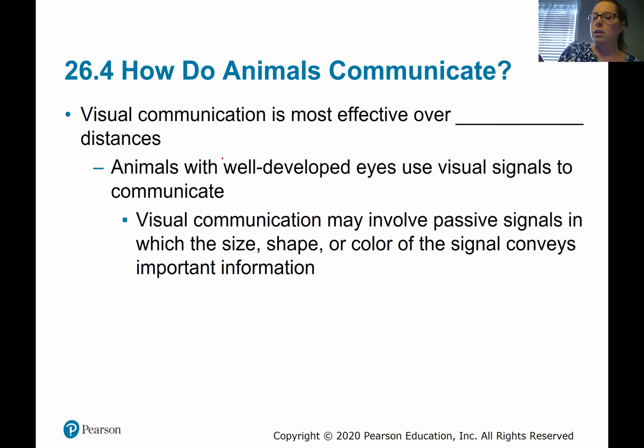Visual communication works really good over short distances. Visual communication may involve signals that you may have a change in size, a change in shape, or a change in color. White-tailed deer, they are really good at visual communication. If they sense a threat, they have a tail that they will flip up, and the underside of it's white.